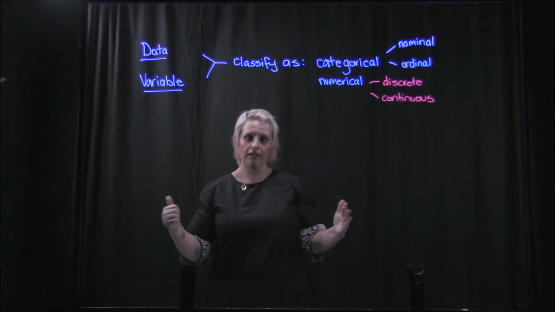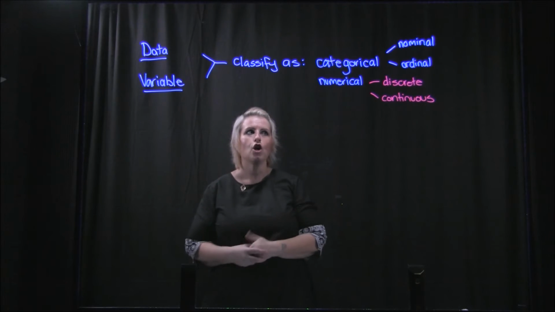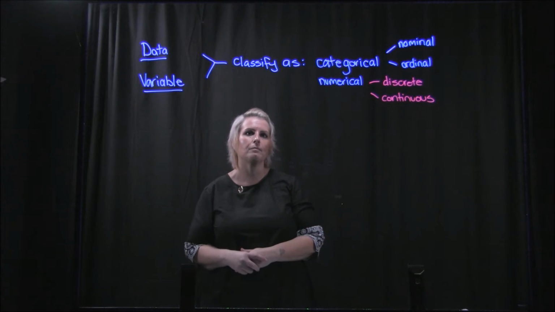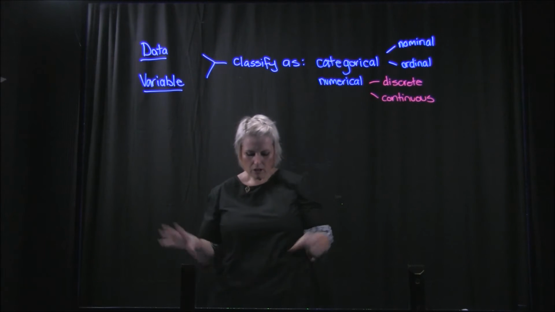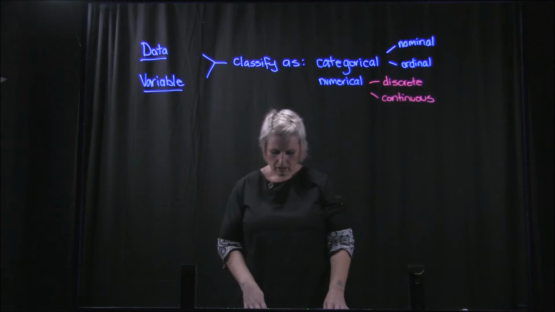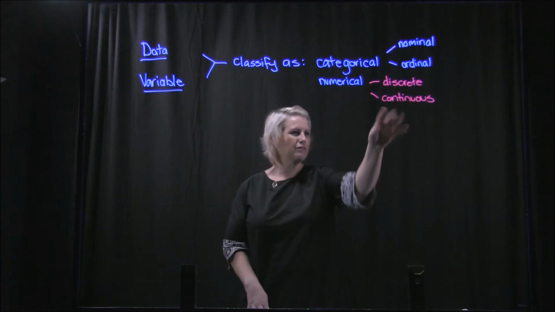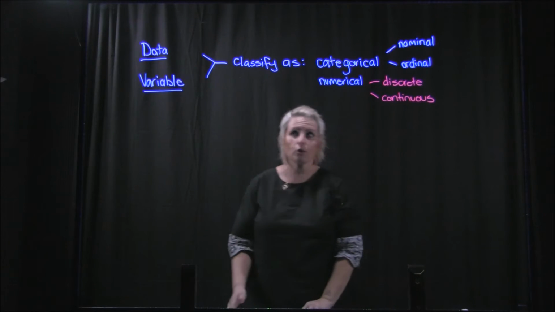It's anywhere along that number line. It's not just a set value, anywhere from 0 to whatever. You can find a continuous numerical value, like the height of a tree, all of those sorts of things that you often will measure.